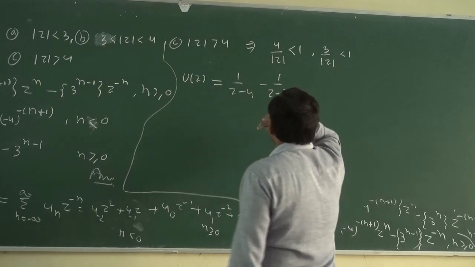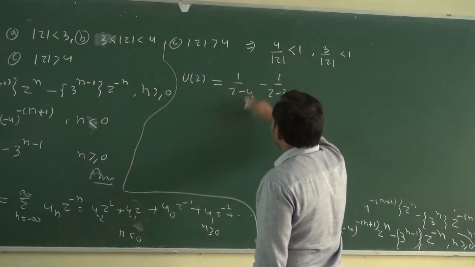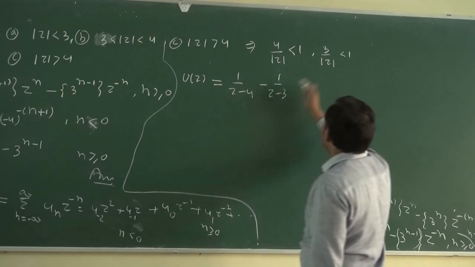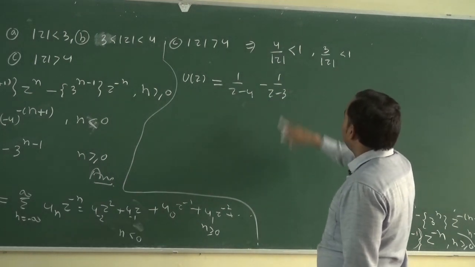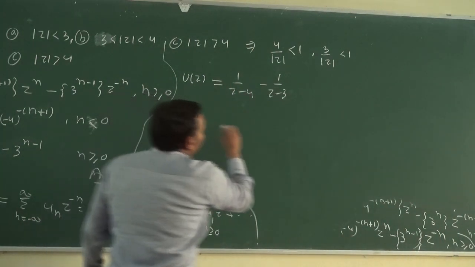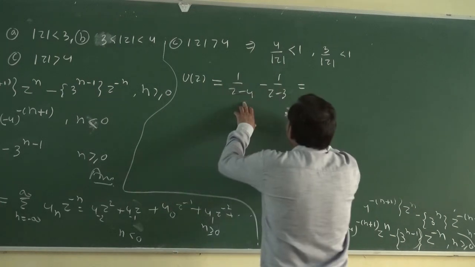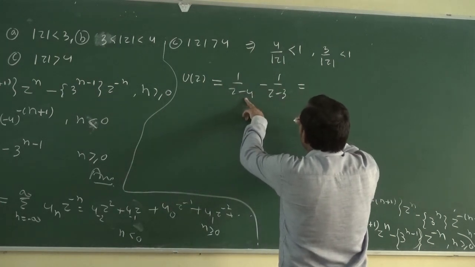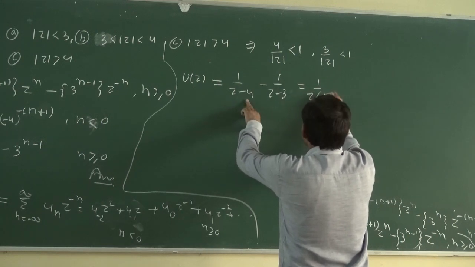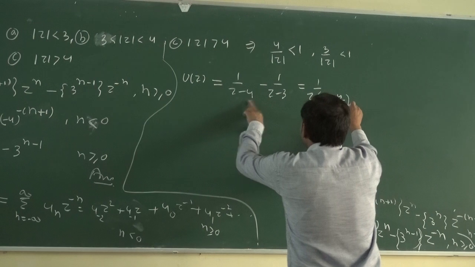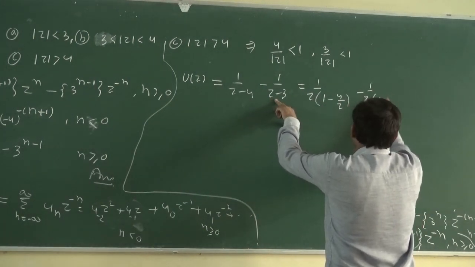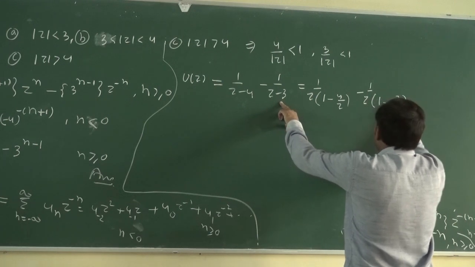So write this in terms of 4 upon z and this in terms of 3 upon z. Take minus 4 as common; here take z as common, giving 1 upon 4 upon z, and take z common from here, giving 1 upon 3 upon z.